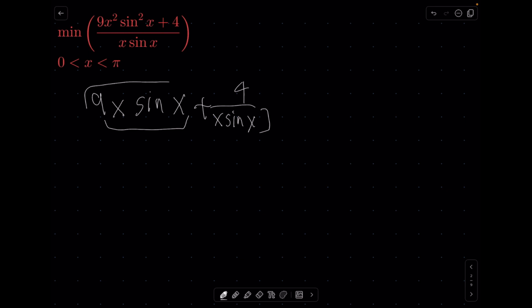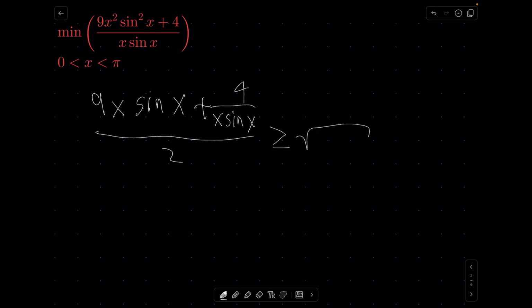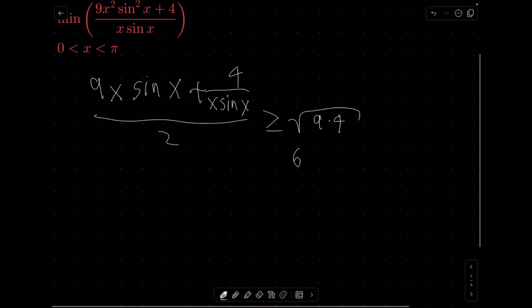So if we manage to somehow multiply these two terms, that would be great. And actually, because it's AM-GM that we're going to use, we can. So this is going to be greater than or equal to the square root of 9x sine x times 4 over x sine x. x sine x is going to cancel out. 9 times 4 is 36, and the square root is 6.